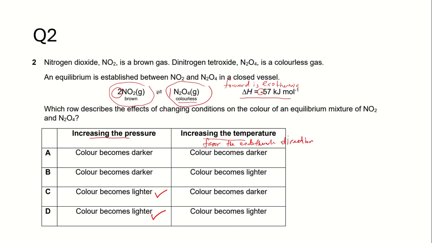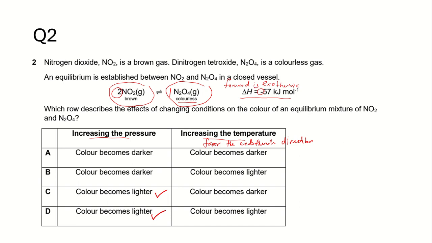Why favor the endothermic direction? Because according to Le Chatelier's principle, equilibrium will always shift to counteract the change that is made to the equilibrium. So increasing temperature favors the endothermic direction to absorb more heat, so the temperature is lower again.